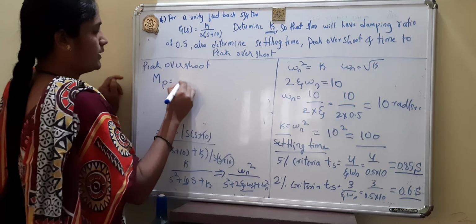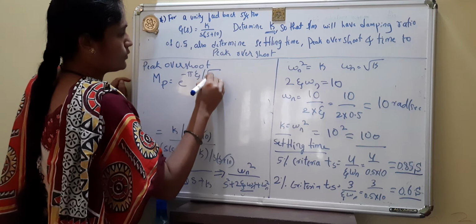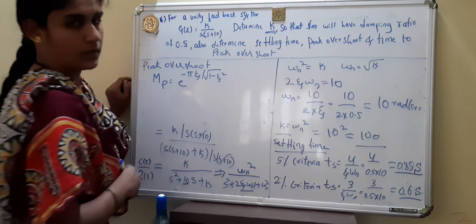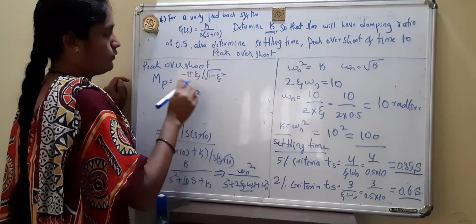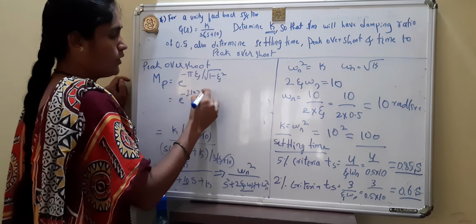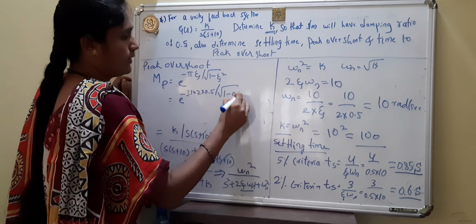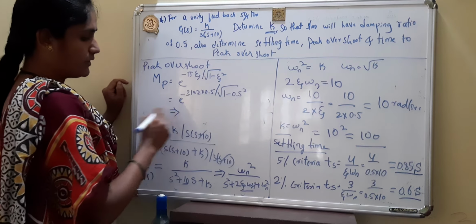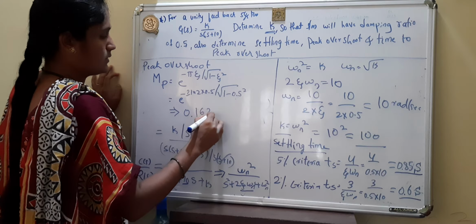Mp is equal to e raised to minus pi zeta divided by square root of 1 minus zeta square. e raised to minus 3.142, we keep pi as 3.142, into zeta is 0.5, divided by square root of 1 minus 0.5 square. After simplifying this one, we will have 0.16.